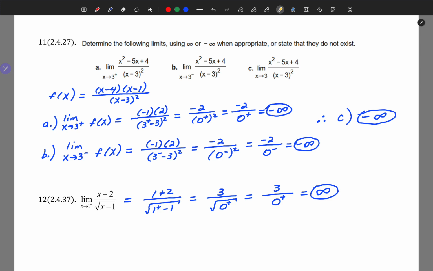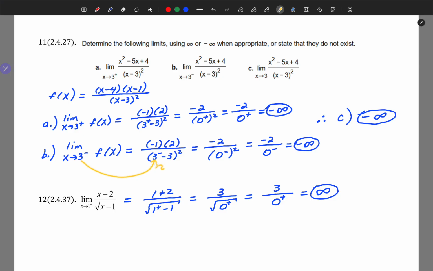Now, part B is essentially the same thing. You're just approaching 3 from the other side, and nothing's going to change. You still plug the 3 into your numerator. When you do that, you get a negative 2. You'd plug the 3 from the left into the denominator.